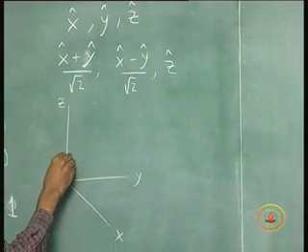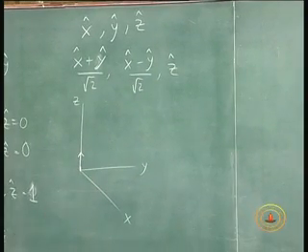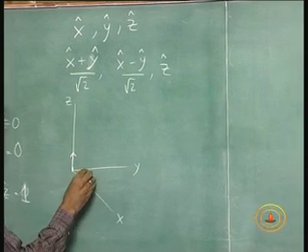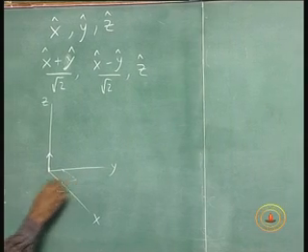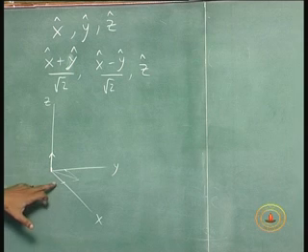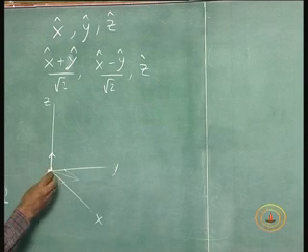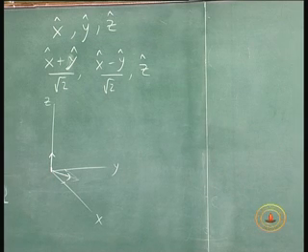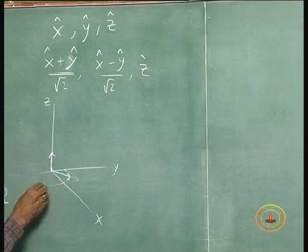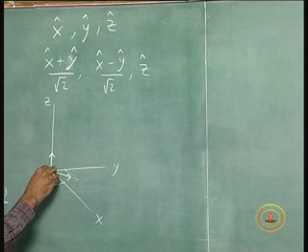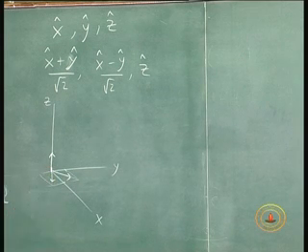The z hat is a unit vector along z. x hat plus y hat divided by root 2 is a unit distance along x and y. So, I go on the diagonal of the square formed by x and y, but I divide by root 2. I do not go the full distance. Then x hat minus y hat, I have to go backwards. I go on this diagonal, again I do not go the full distance, I go 70% of the distance.